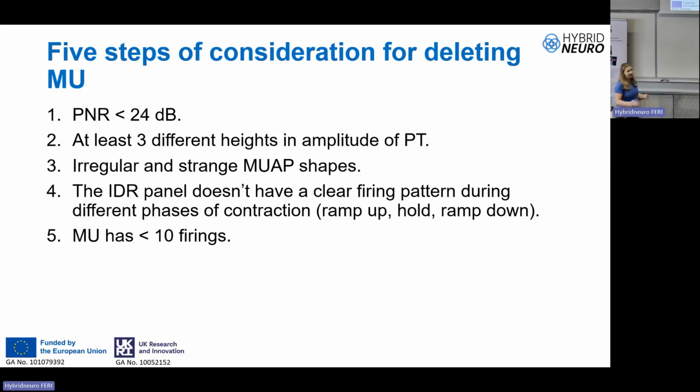So we need to delete a motor unit if its pulse to noise ratio is lower than 24 decibels, and if we have at least 3 different heights of amplitude in the pulse train. If we also do not recognize any clear ramp up, hold, or ramp down pattern in the middle, instantaneous firing rate pattern, that motor unit also should be deleted. And if a motor unit has less than 10 firings, it should be deleted.